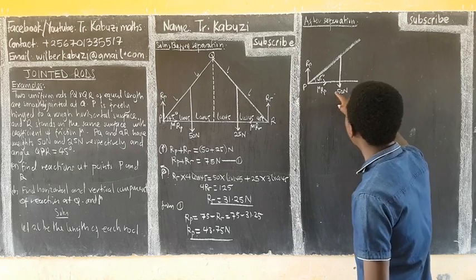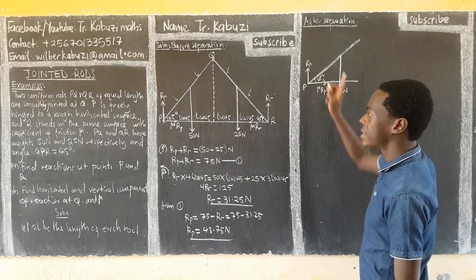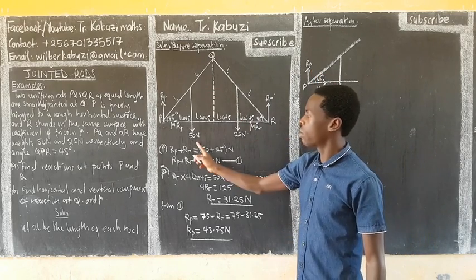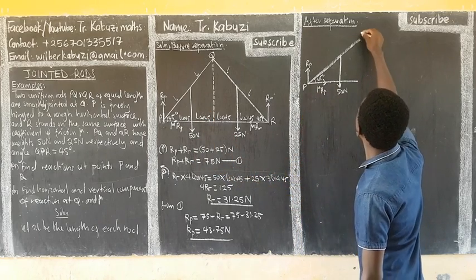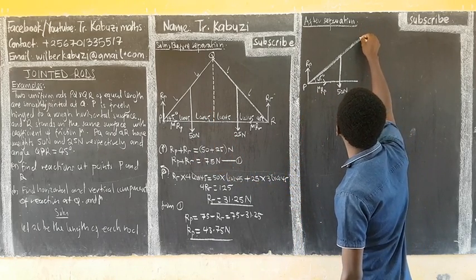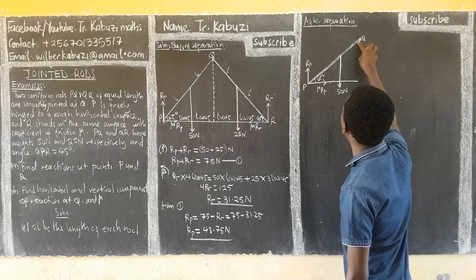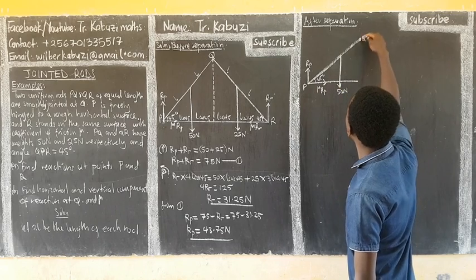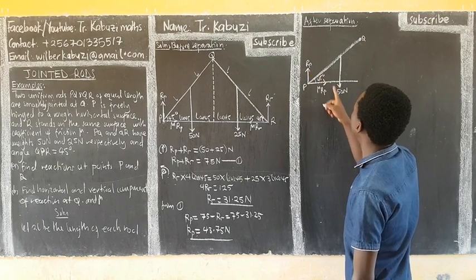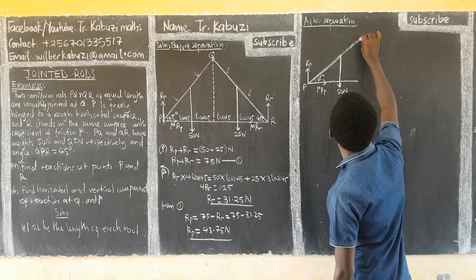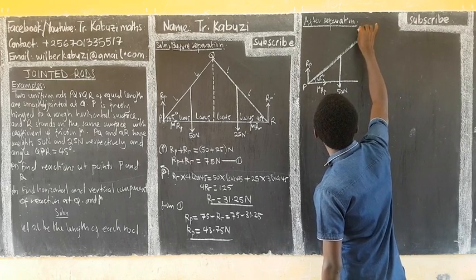Now, you see this one, RP, is smaller than this vertical force acting downwards. It means that this vertical reaction, remember, this is our point now, Q. Now at Q, this force can't act downwards because this is less than this. It means that we need a force that is going to act upwards.